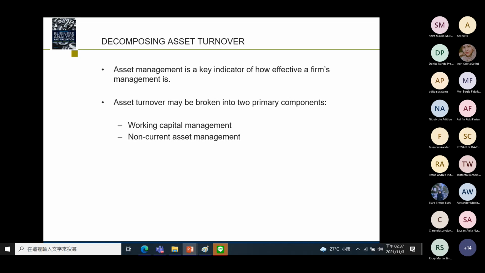Okay, 5.3. So working capital management, the components of operating working capital that analysts primarily focus on are trade receivables, inventories, and trade payables. A certain amount of investment in working capital is necessary for the firm to run its normal operations.